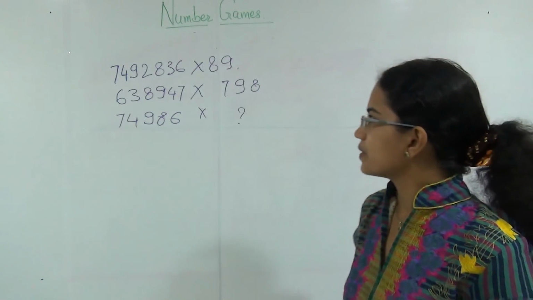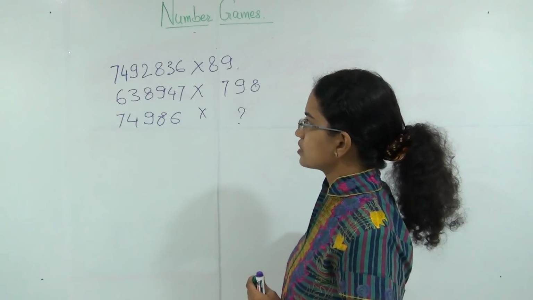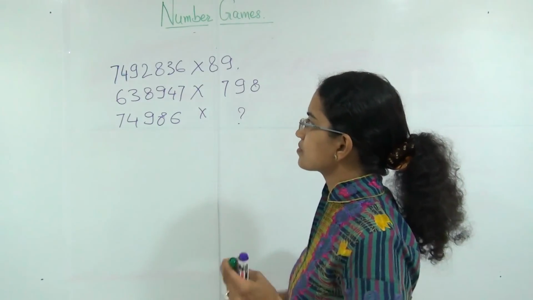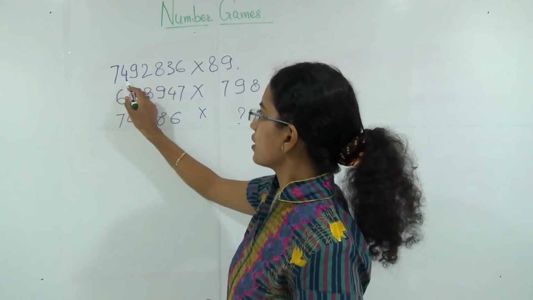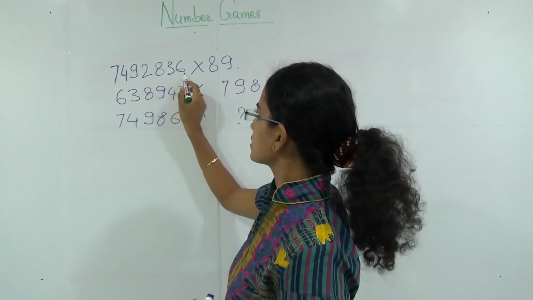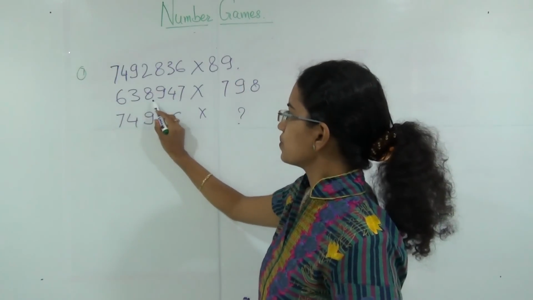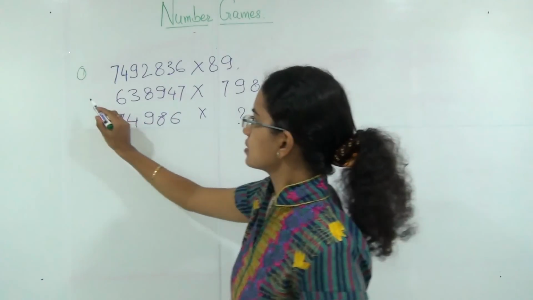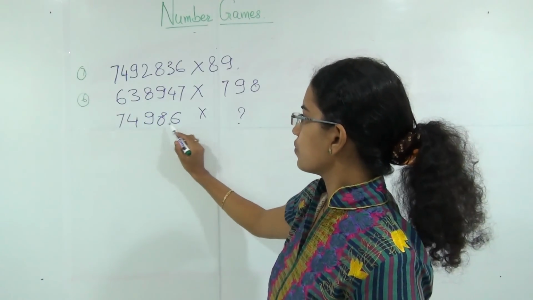So what we are trying to understand here is how we are rearranging the questions. Let me count the number of digits first. So it's 1, 2, 3, 4, 5, 6, 7. You have 7 digits. Here you have 6 digits, and here you have 5 digits.